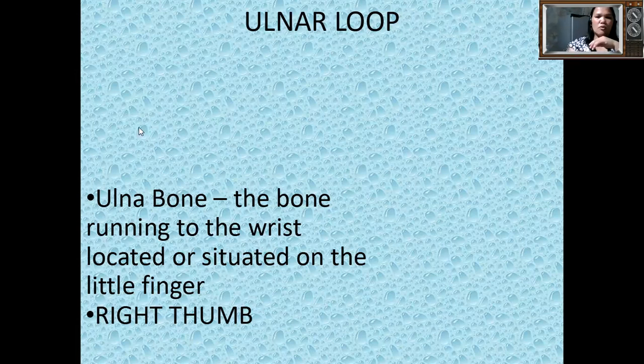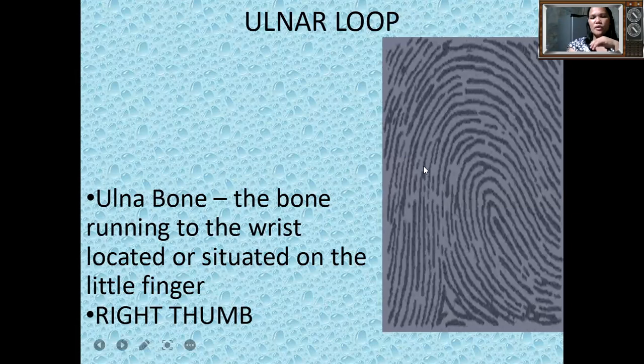So this is also the bone that extends to the little finger, what we call the ulna bone. In this picture, we can see that this is located at the right thumb. So place your right hand, knowing that the point of divergence, or where the delta is located, is at the thumb, and the flow of the ridges goes to your little finger.